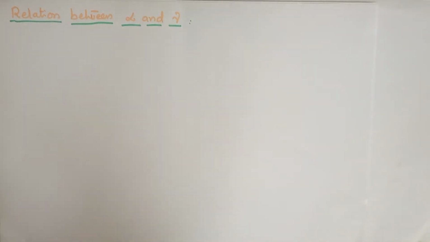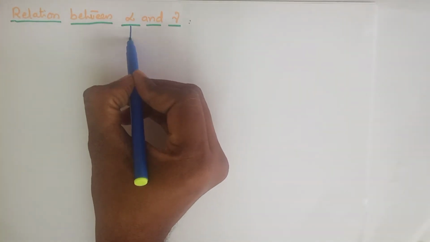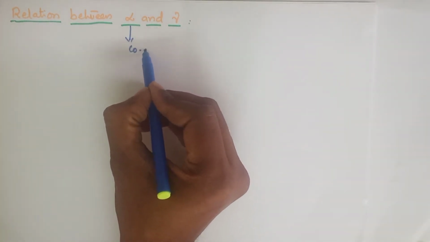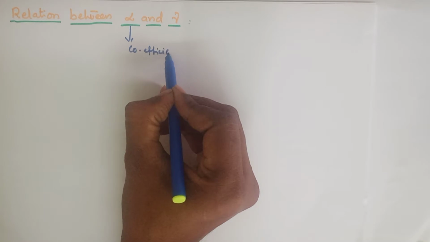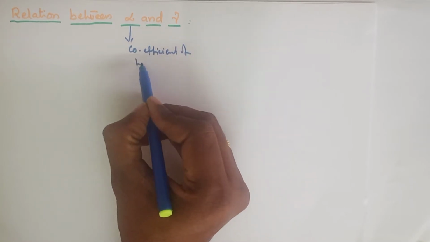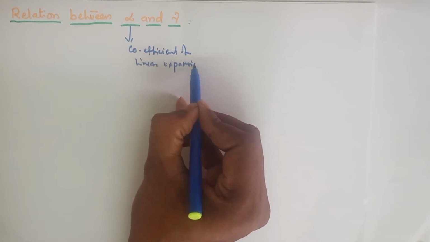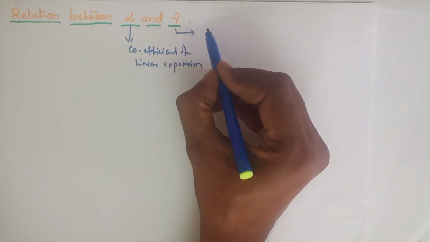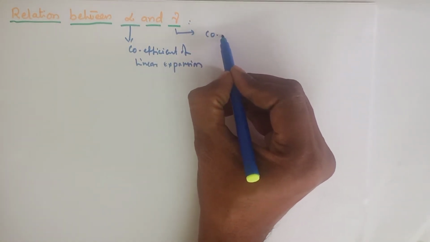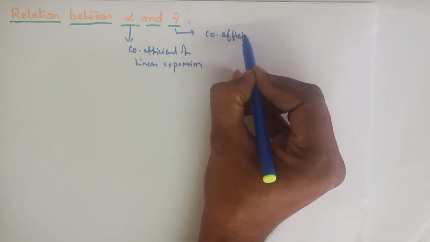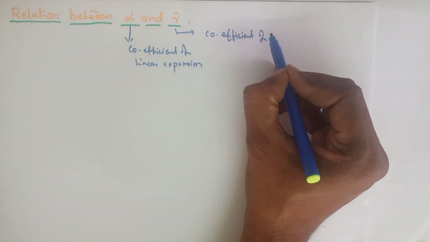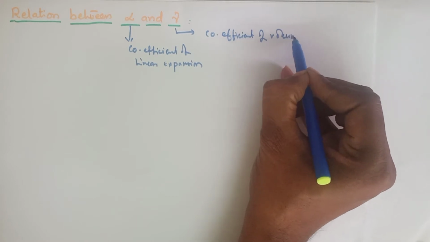Now, relation between alpha and gamma. What is alpha? Alpha is the coefficient of linear expansion. Gamma is the coefficient of volume expansion.